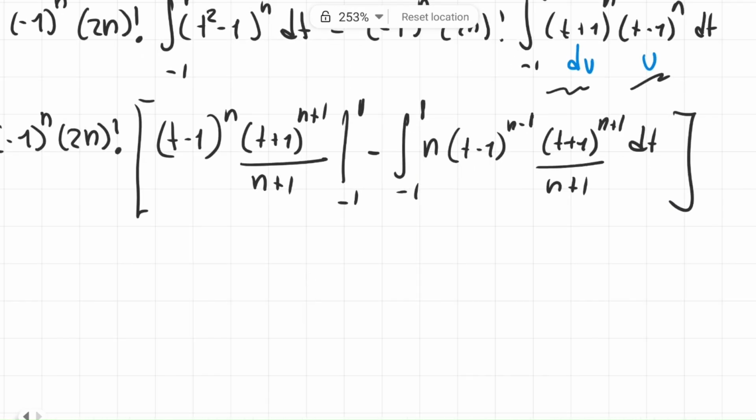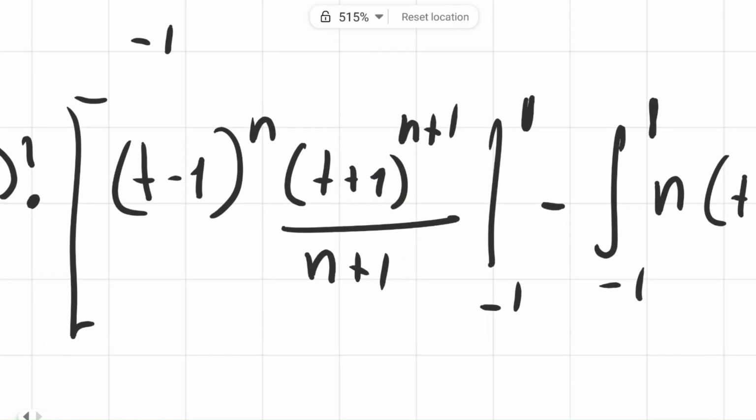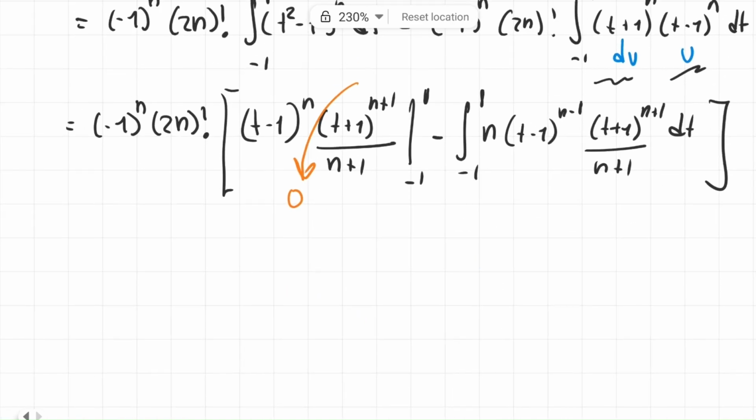Okay, so again, it is easy to see that if we plug t equals 1 or t equals minus 1 in this piece, well, it is going to be 0. So we can cancel this. Perfect. So we are going to get that this is minus 1 to the n, 2n factorial, and look that we have a minus here.